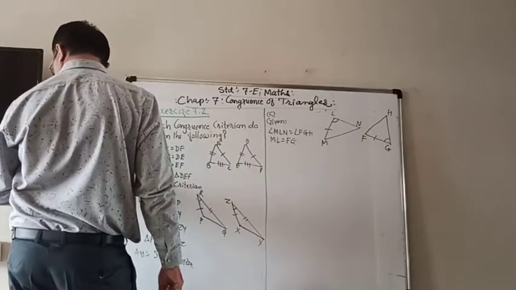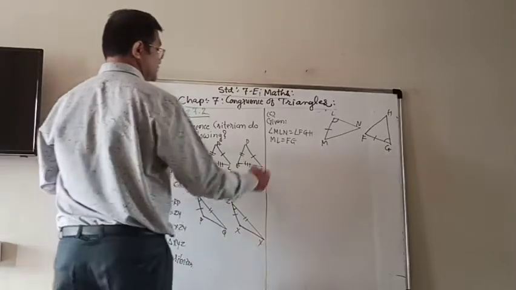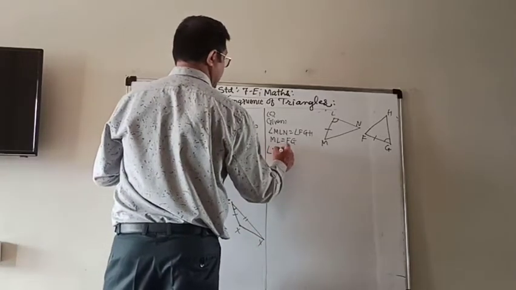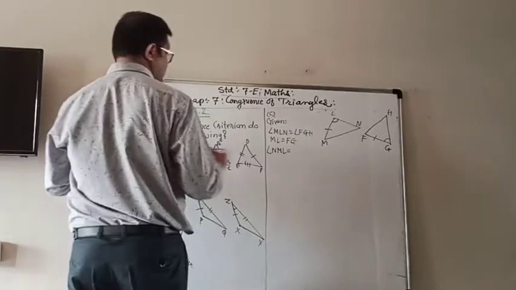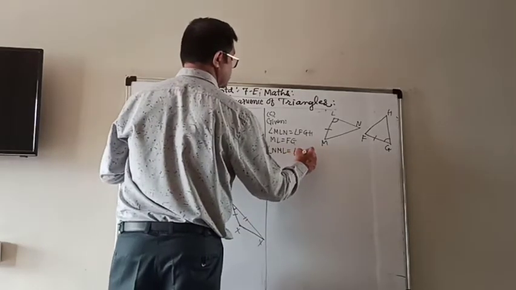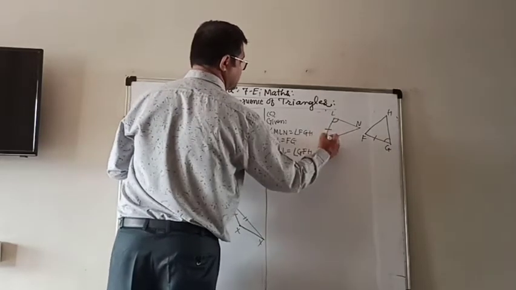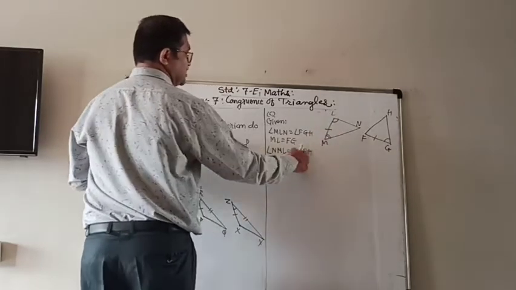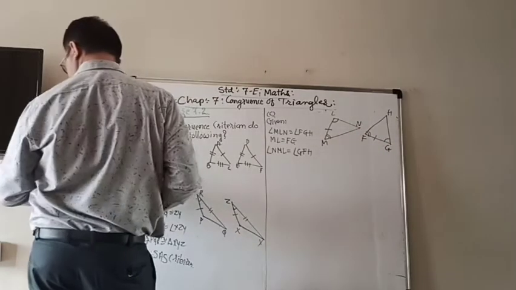And then angle NML equals angle GFH. NML means this one, GFH means this one.